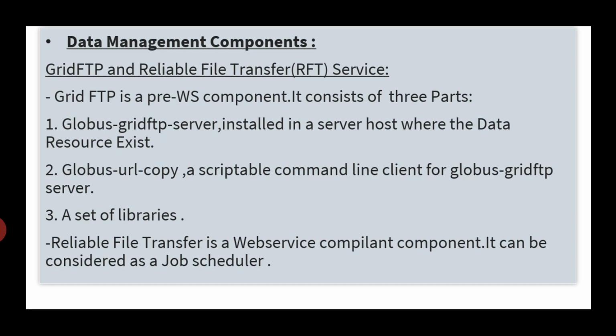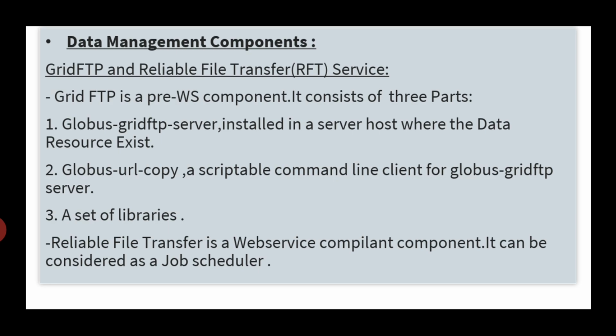First of all, we have to learn about grid file transfer protocol, a pre-web service component. It consists of three parts. First one is the Globus Grid FTP server, which we want to install on a server, a host where the data resources exist.